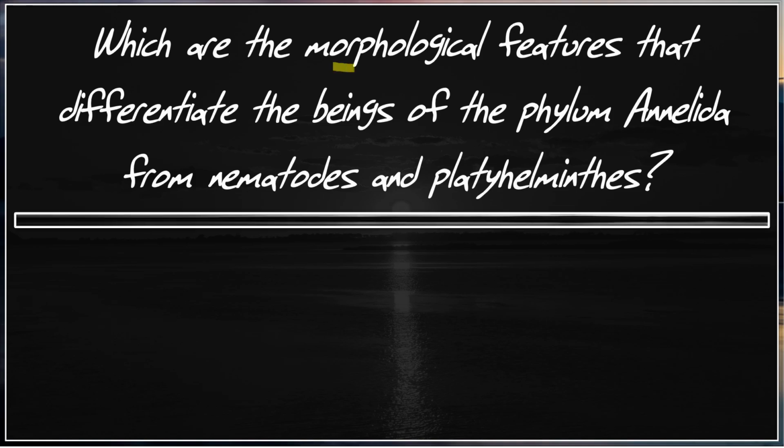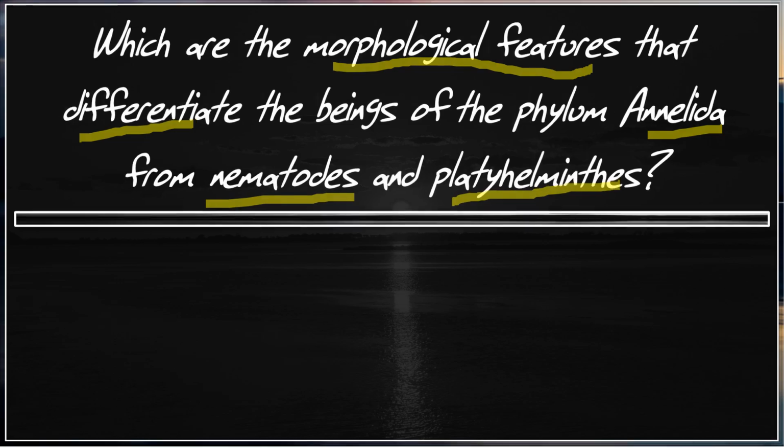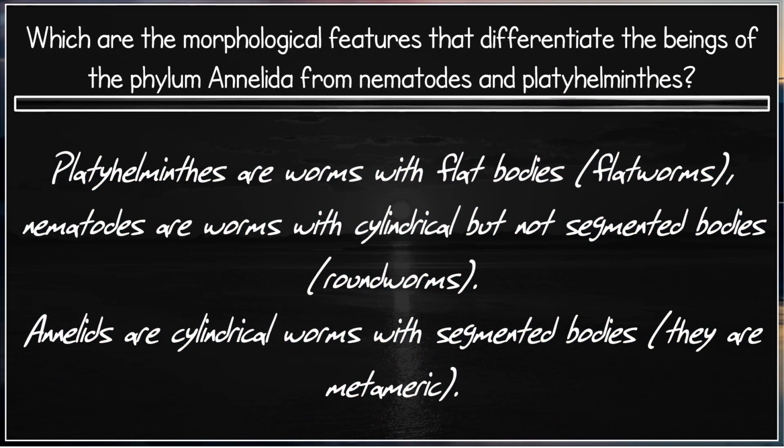Which morphological features differentiate the beings of phylum Annelida from nematodes and Platyhelminths? Platyhelminths are worms with flat bodies.